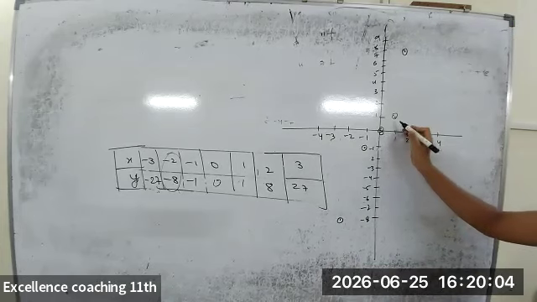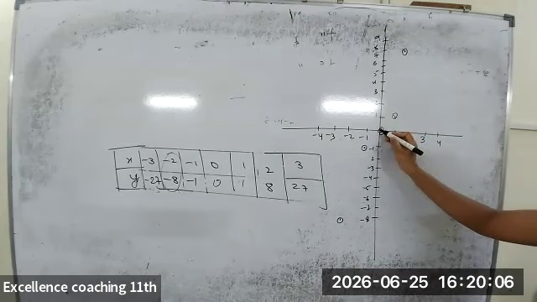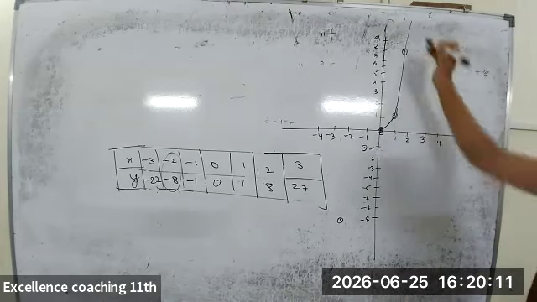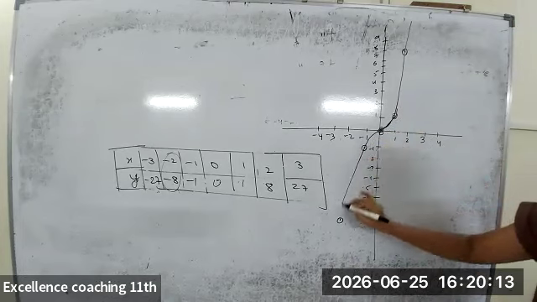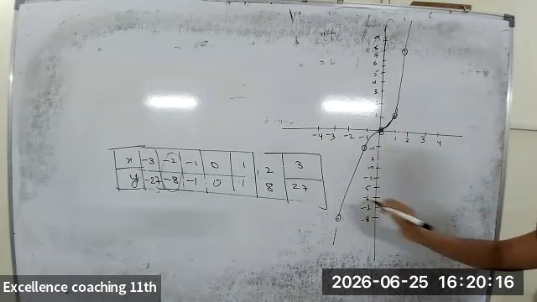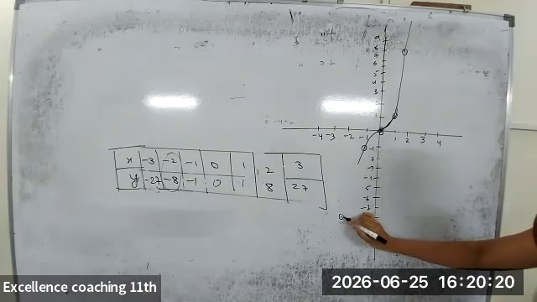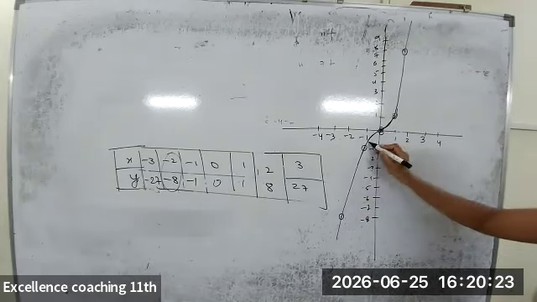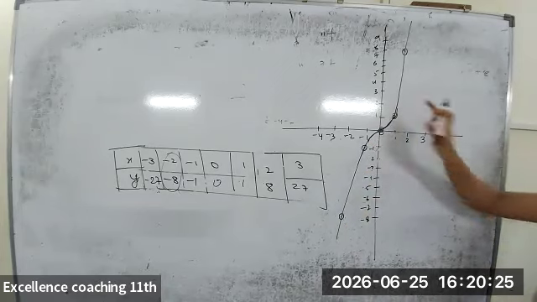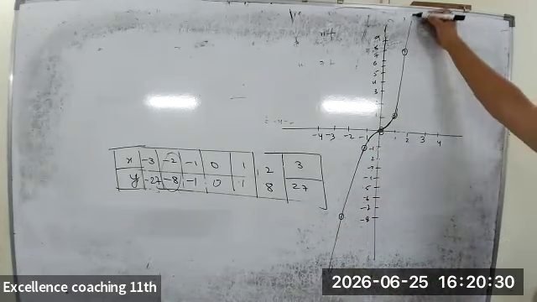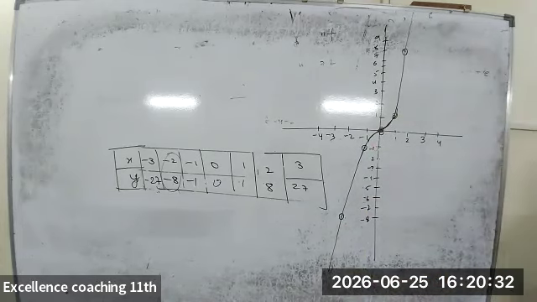While joining, like this you have to join. Like this shape, and then it will go towards 27. This is how a cube graph will look like.